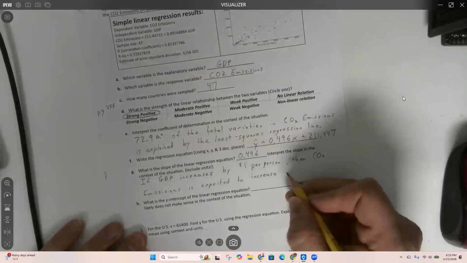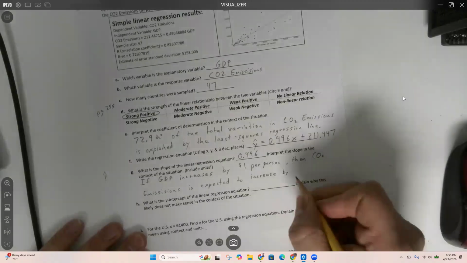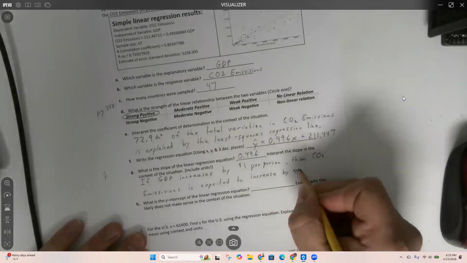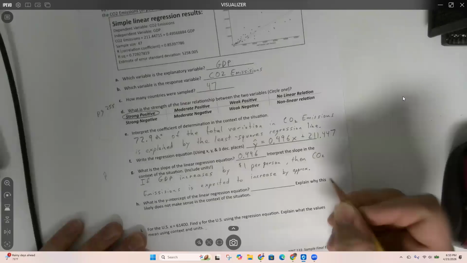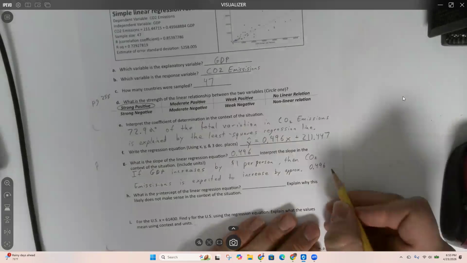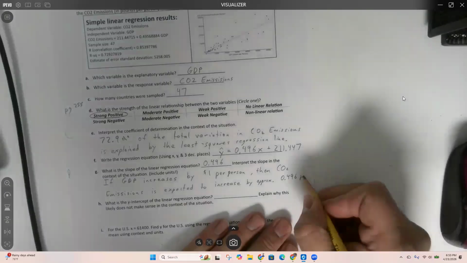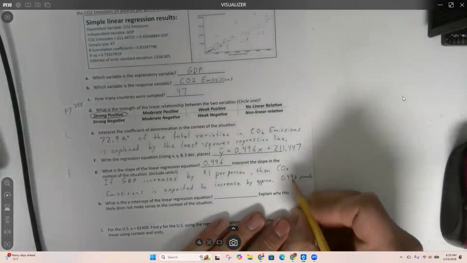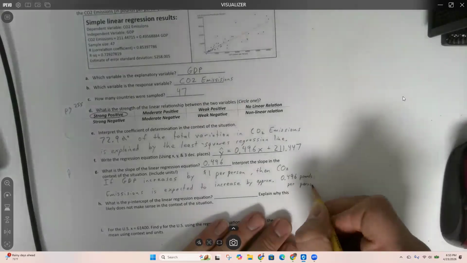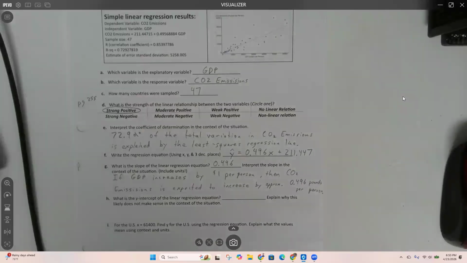Y is expected to increase by approximately or about 0.496, and then we need to write what the Y units are. Y units here are pounds per person. If GDP increases by $1 per person, CO2 emissions is expected to increase by approximately 0.496 pounds per person.